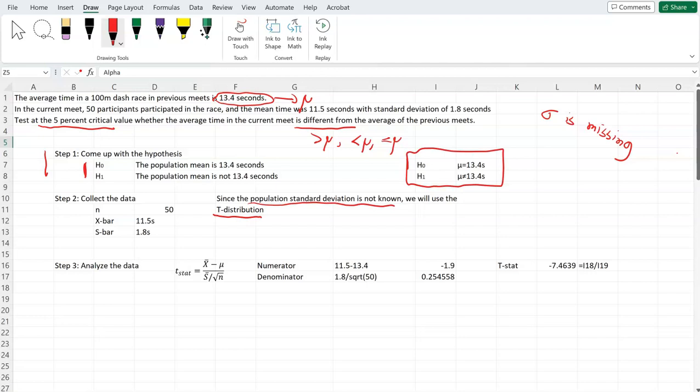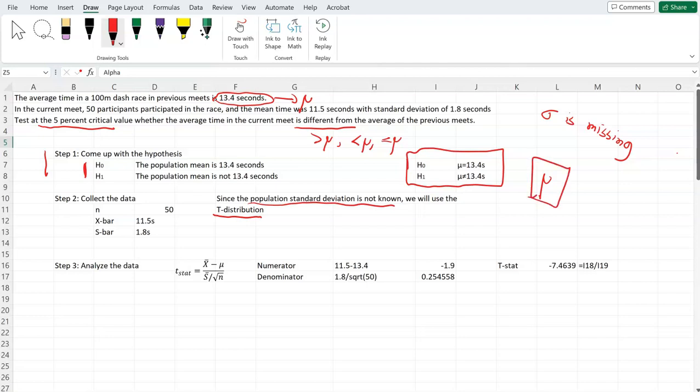Either one is correct. Again, a reminder: this is what we are testing. And if you notice here, we are using mu's. So even though we got our data from a small sample of 50 participants, we are evaluating mu.